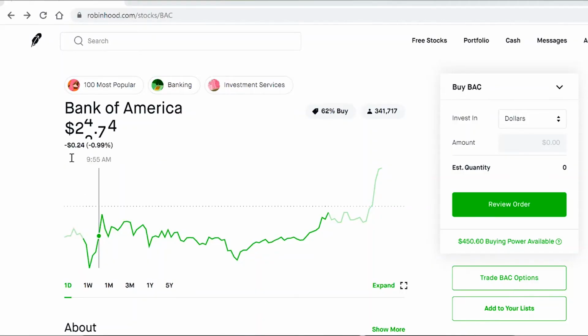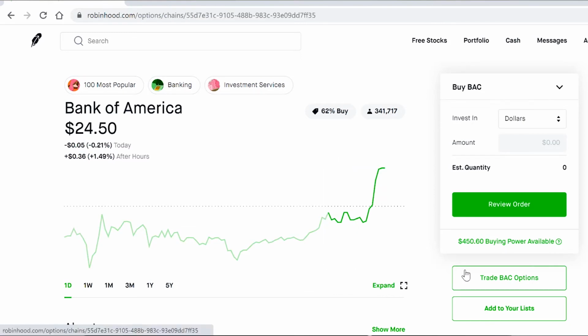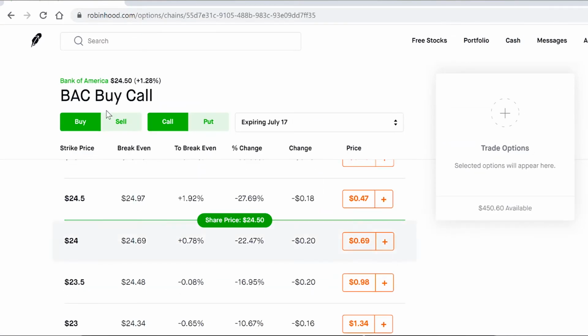Now let's look at a real example involving puts. For this example, we'll be taking a look at Bank of America, and BAC is trading at $24.50 a share. The $24 put expiring July 17th is currently trading for 57 cents a share, or $57 total.